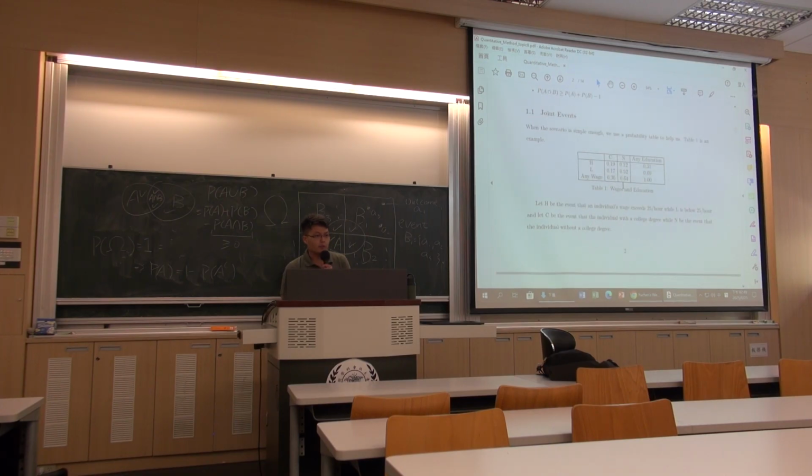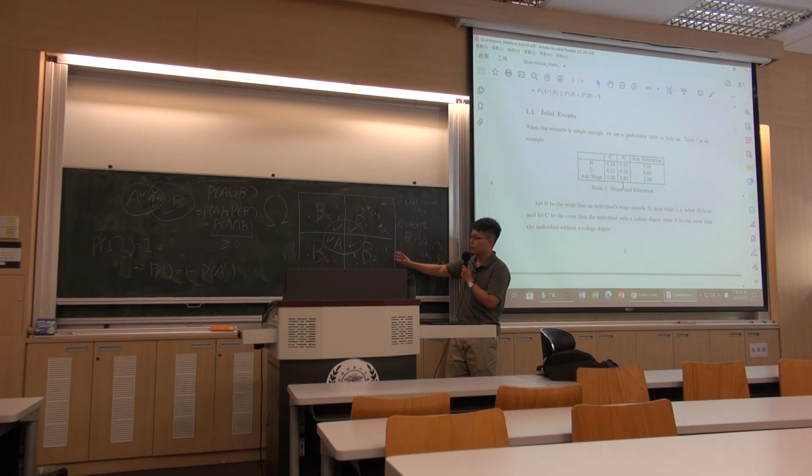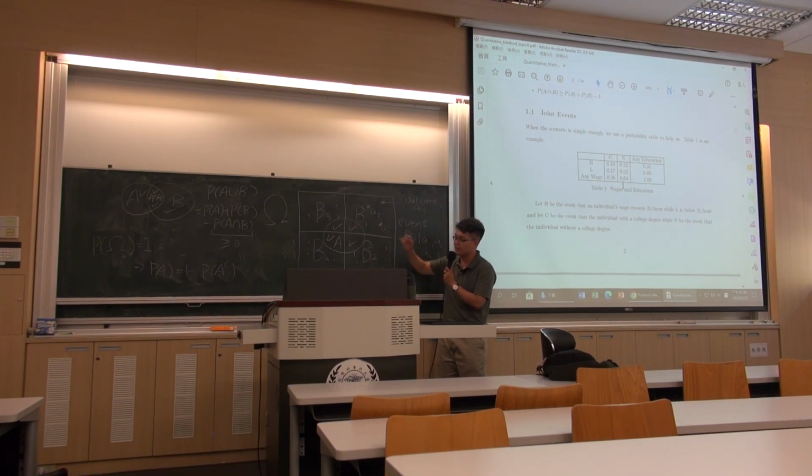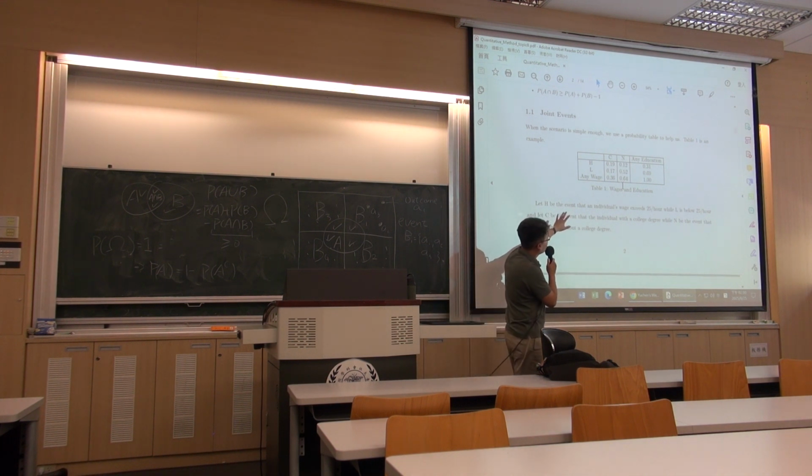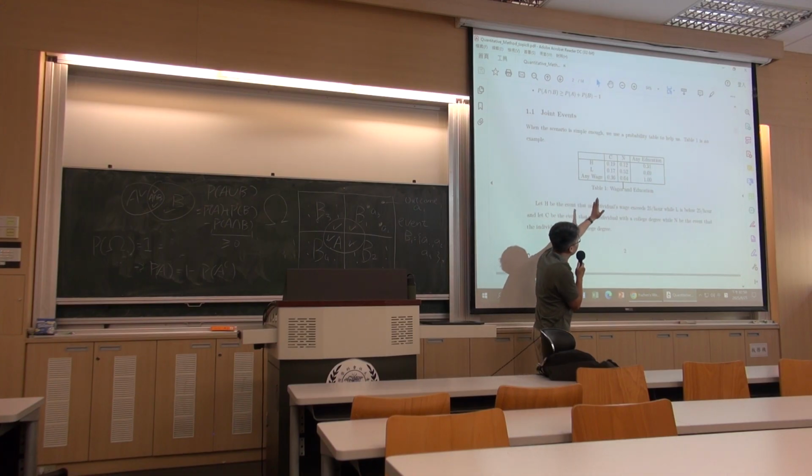Right, then we talk about the joint event. So here we only talk about one dimension, or if you have a very specific way to classify all the events, then you can put it in this graph. And we can also put it in a table, like this one. So now we have two dimensions here. One is the education level, which is the columns here.